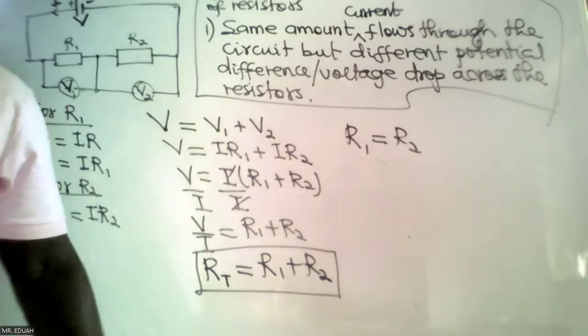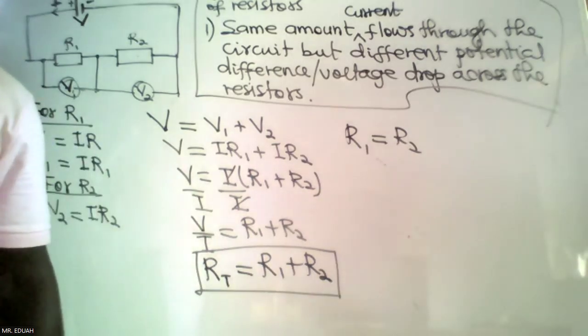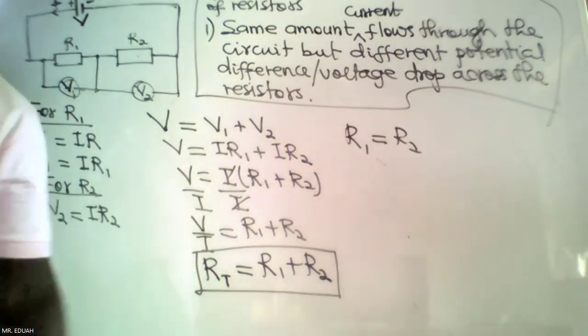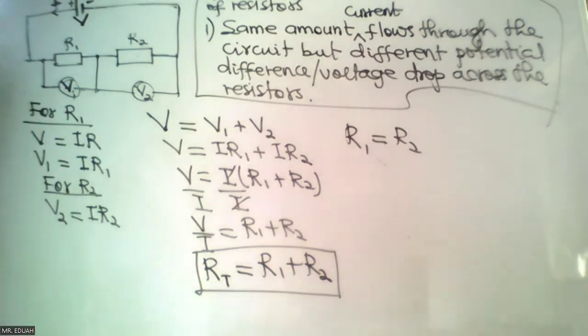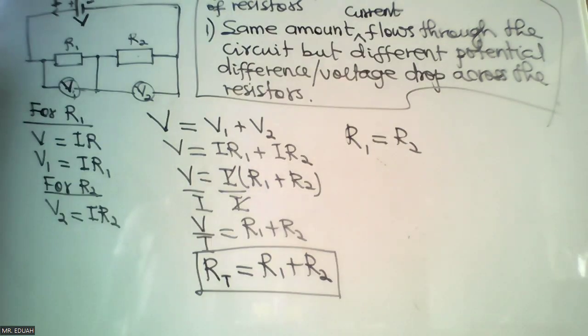They are equal, so the total resistance will be 2R. Mary, do you understand?